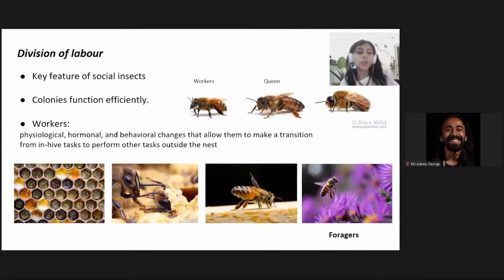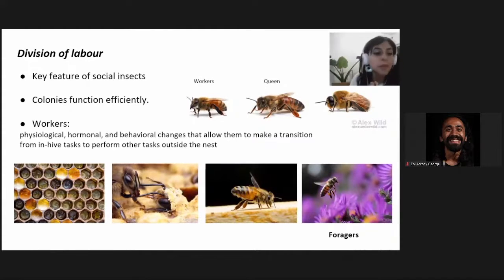In honeybees, workers are sterile females in charge of maintaining a hive. And as they get older, workers go through physiological, hormonal, and behavioral changes that allow them to make a transition from in-hive tasks to perform other tasks outside the nest.